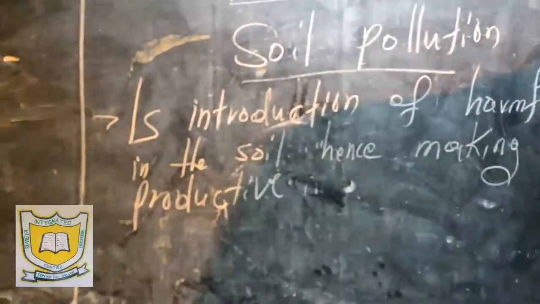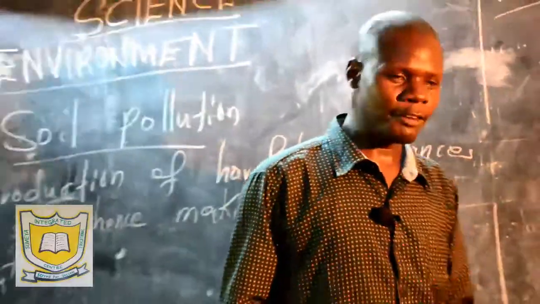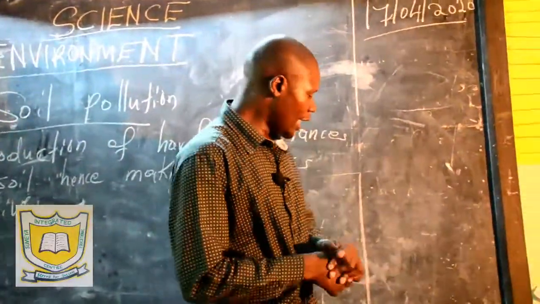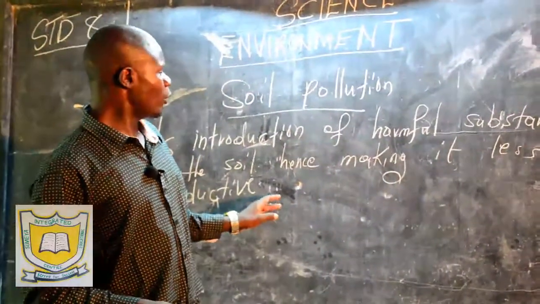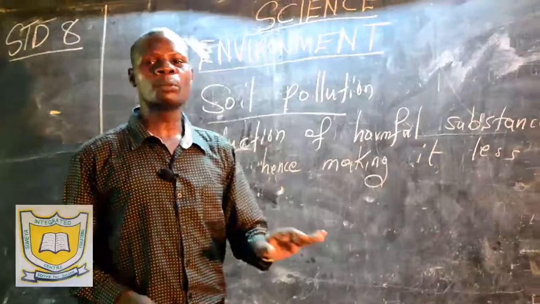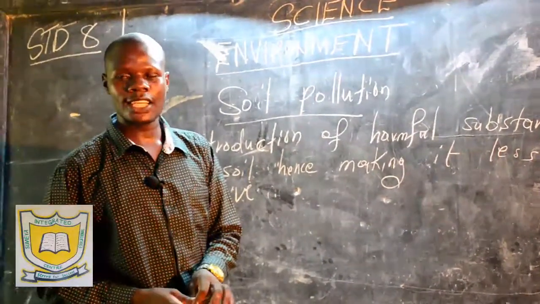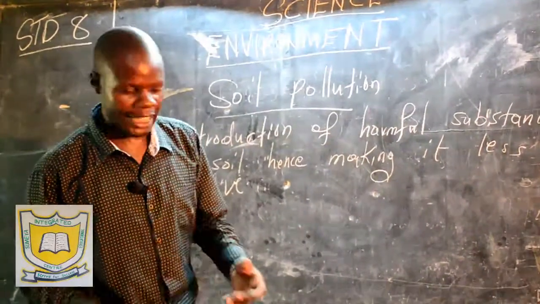Now, how does soil pollution affect human beings, plants and animals? It becomes less productive, and now it cannot produce. When the soil cannot produce, then we say a living part of environment is in danger.